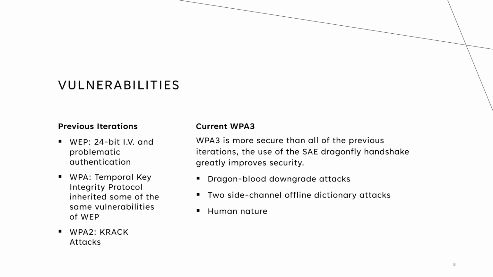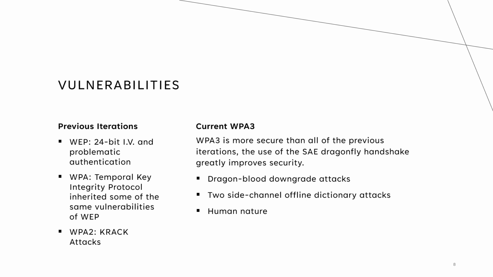Now, WPA was riddled with problems because it inherited its encryption methods from WEP, and it was only ever meant to be a placeholder. WPA2 was, by all accounts, a robust system, and it worked well. But in 2017, the previously mentioned Crack attack was published, and this was what essentially killed WPA2.